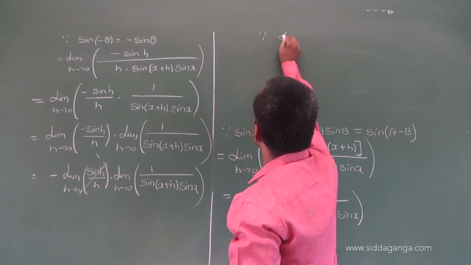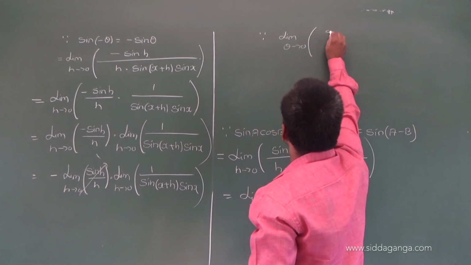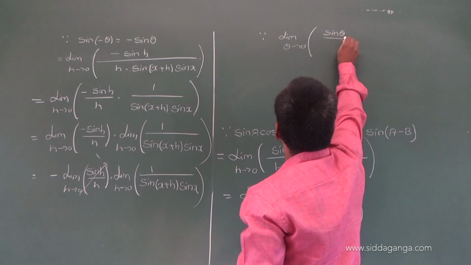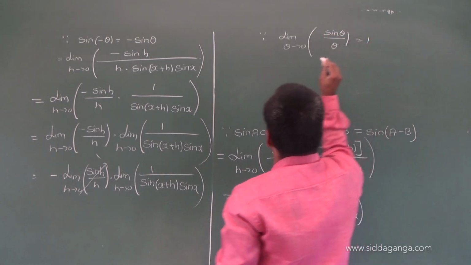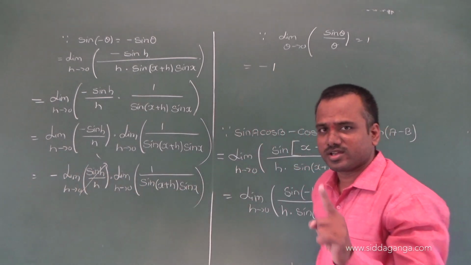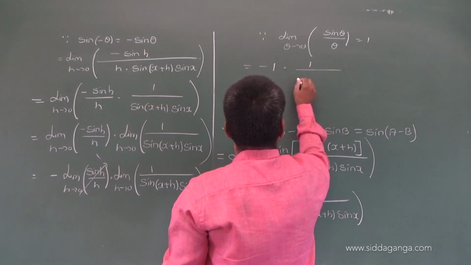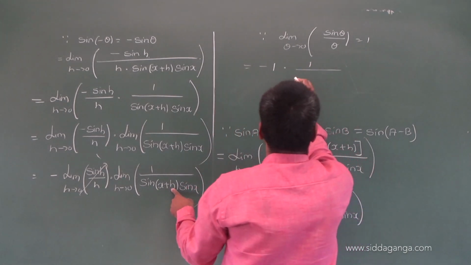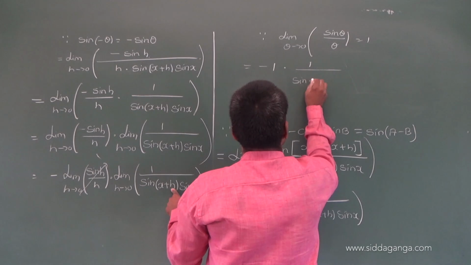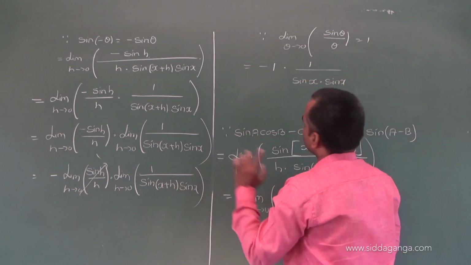Since limit theta tends to 0 sin theta by theta is equal to 1, that is equal to minus 1, because the minus is outside, into 1 divided by, wherever h is there, substitute 0: sin x into sin x, because sin(x plus 0) is sin x.